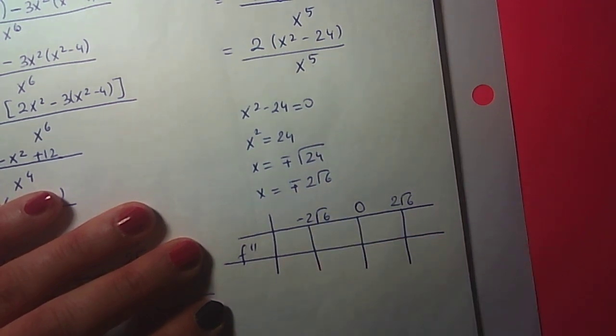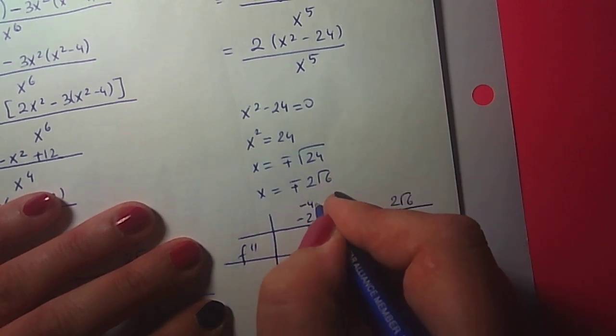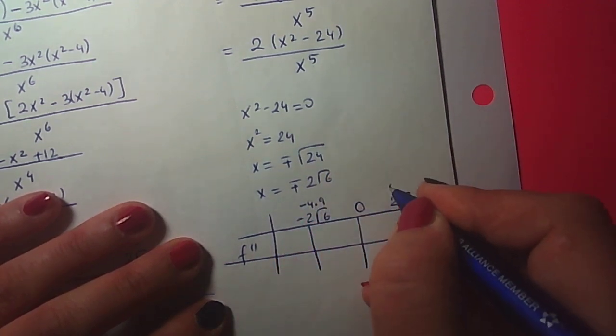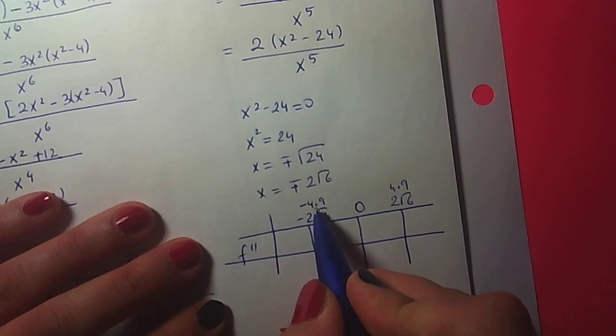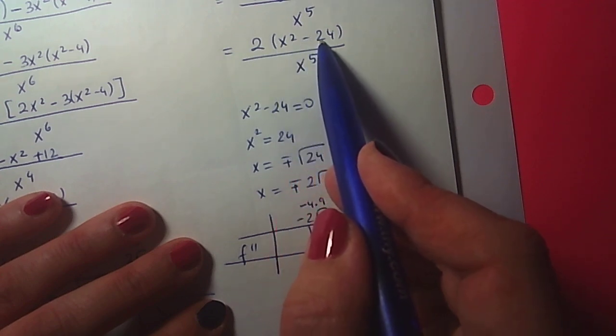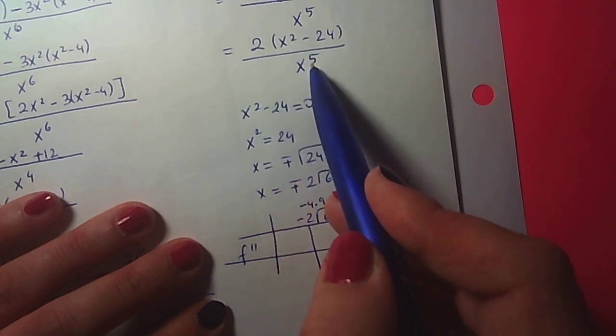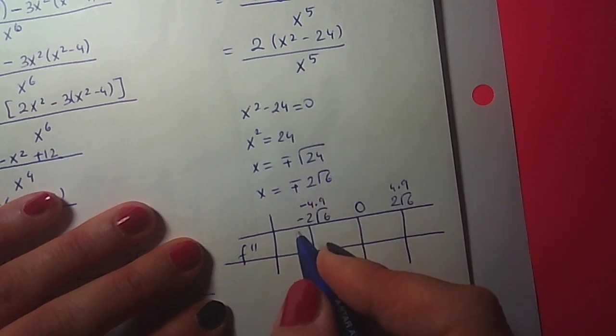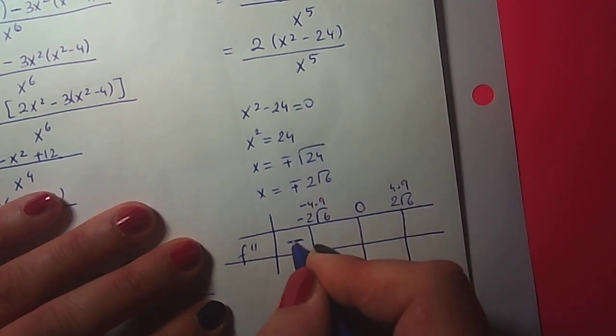That will help you. This is negative 4.9 and this is positive 4.9. So pick a value that is less than negative 4.9. Let's say negative 5. Sub in here 25, 24, positive. That is negative. So you get a negative value here.